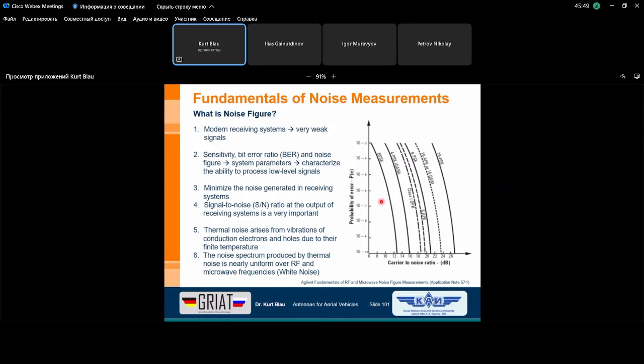Sorry, the difference must be 180 degree. Okay, plus minus 90 degree, and here we have the so-called 4 PSK. Then we switch between 4 different phase changes.